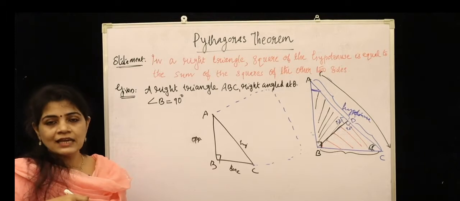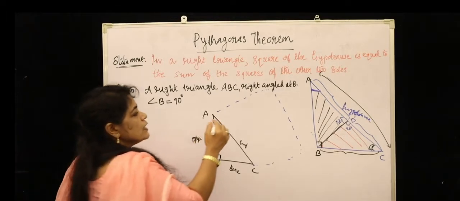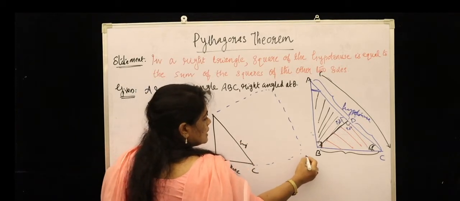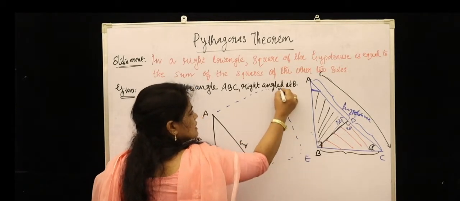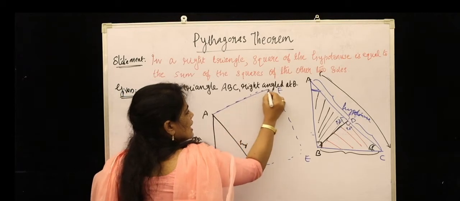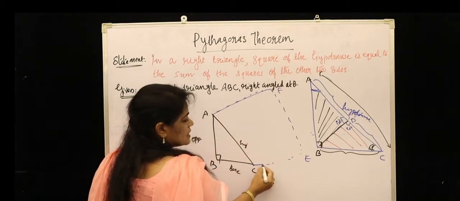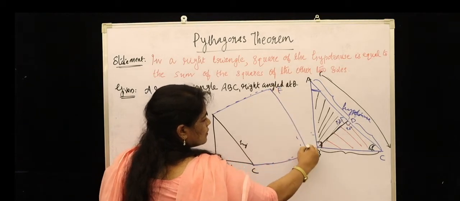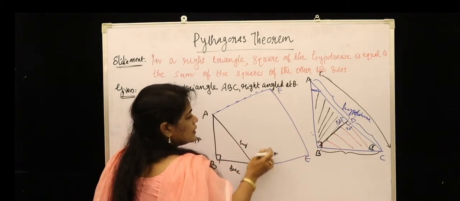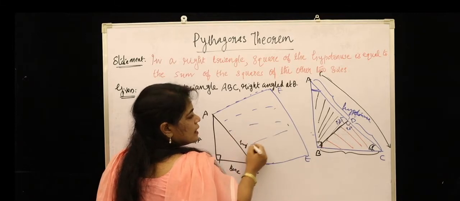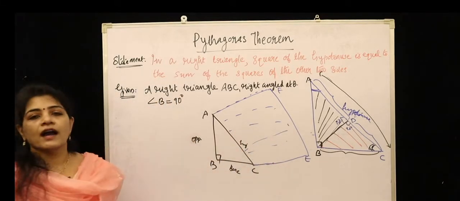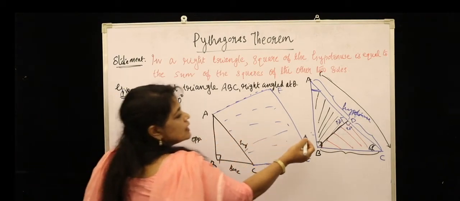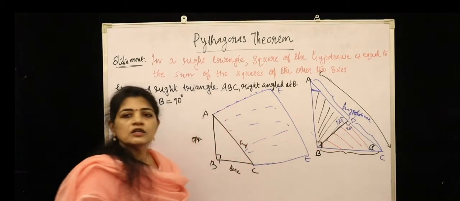Okay, and by the Pythagoras theorem, suppose I am marking this square AC, EF, this is a square on the hypotenuse. Okay, the square of the hypotenuse is equal to, see, what we have got? The sum of the squares of the other two sides.